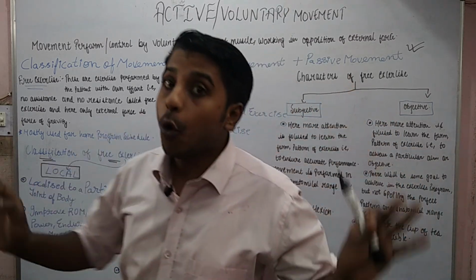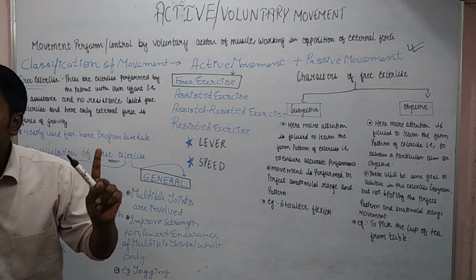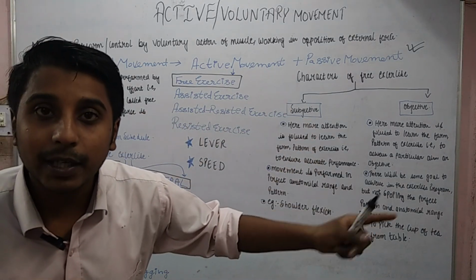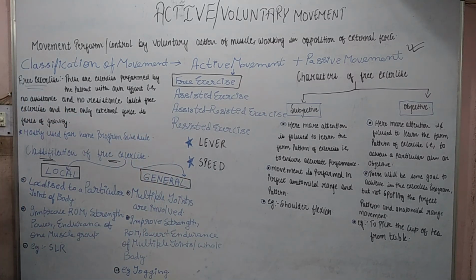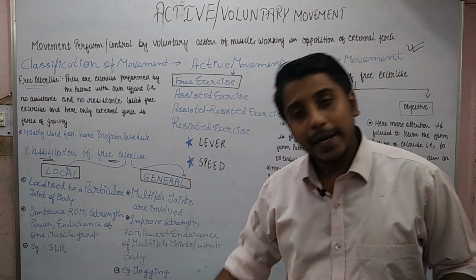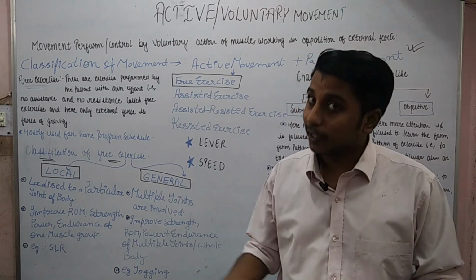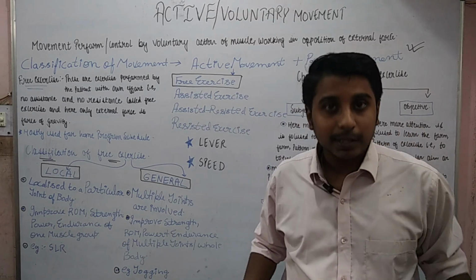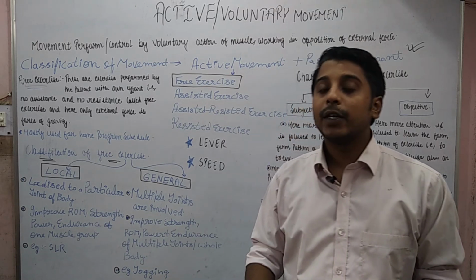There is no assistance or resistance except gravity. Only gravity is there, so here the external force is gravity only. Simple. The person is performing the movement by their own muscular effort, strength and energy, with no assistance, no resistance. The only external force is gravity.